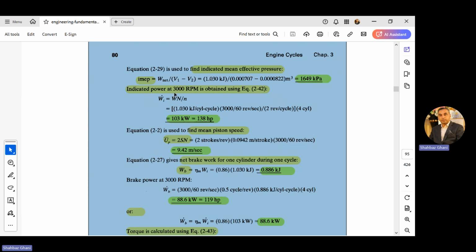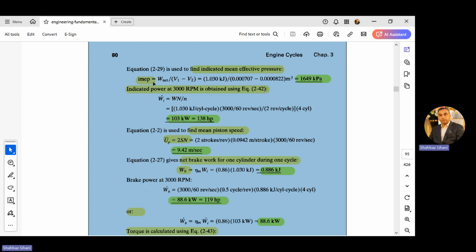So the indicated power at 3000 RPM is obtained by using this equation. Indicated power is equal to the work multiplied by the number of revolutions per second divided by the number of revolutions per cycle. We have a 4-cylinder engine, and it's 2 revolutions per cycle. So putting the values, the indicated power comes out to be 103 kilowatts or 138 horsepower.